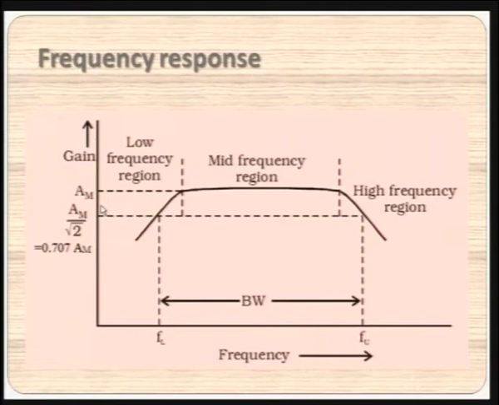Let us have a look at the trend of the graph once again. With the graph, I will be able to explain the bandwidth and why we have to consider the half power gain line. See here, this is the mid frequency range as far as the frequency part is considered, without considering the half power gain line.